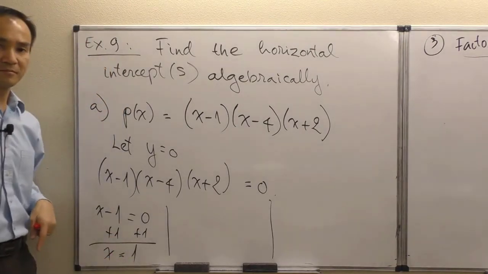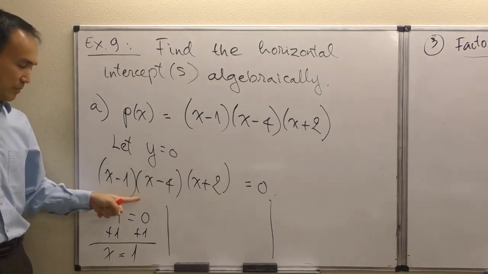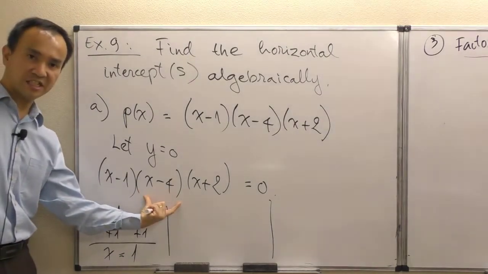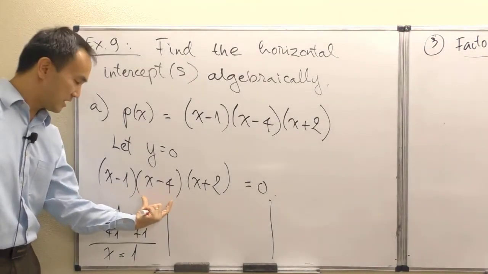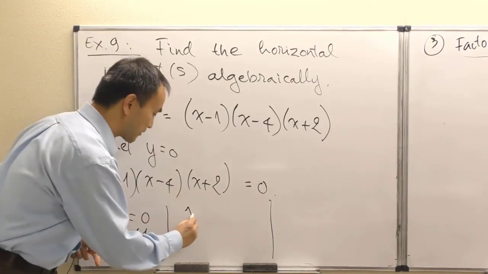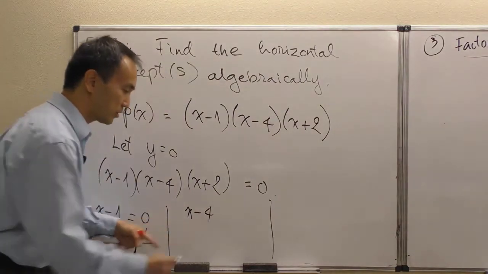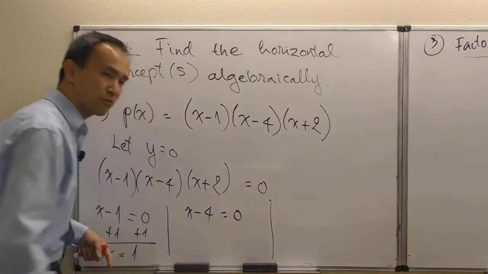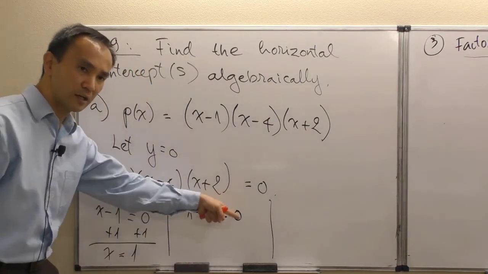Similarly, this other distinct factor, x minus 4, is also linear, so I can produce a separate equation for it: x minus 4 equals 0.